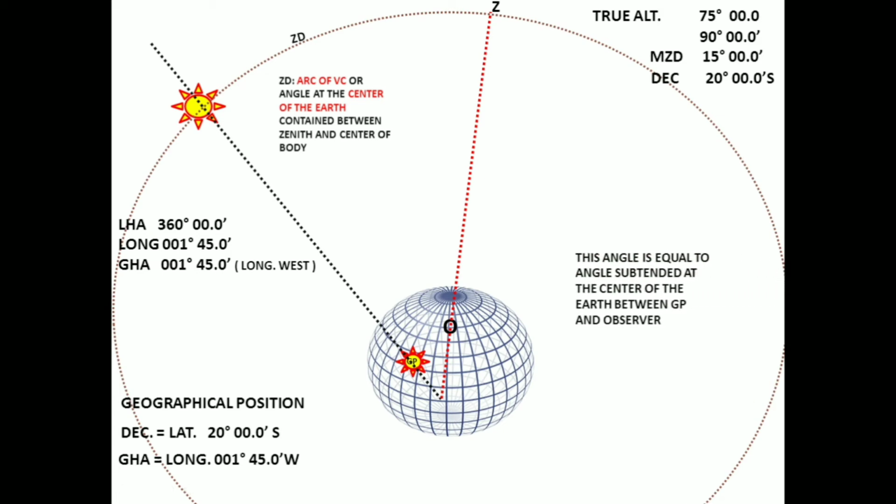Now this angle is equal to the angle subtended at the center of the Earth between this also, which I had discussed earlier when we were talking about longitudes, because this arc would be in proportion to whatever your radius is here. So this angle is also equal to the angle between this and the observer, GP and the observer.